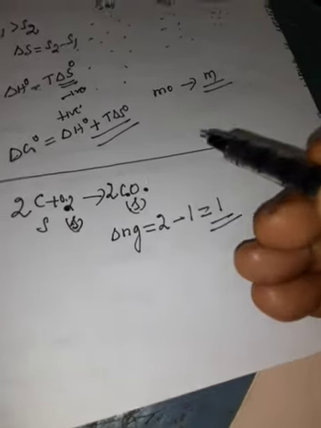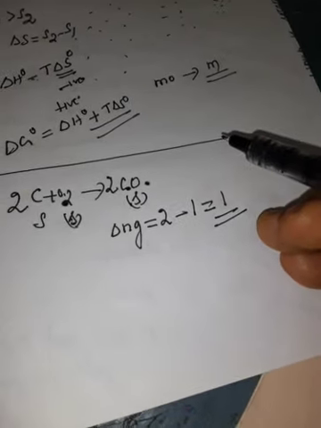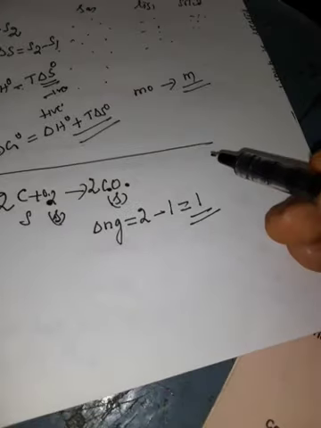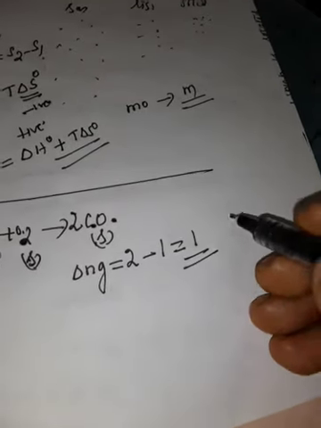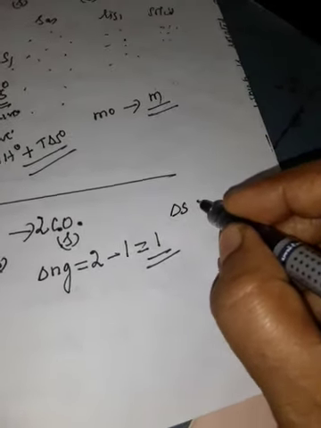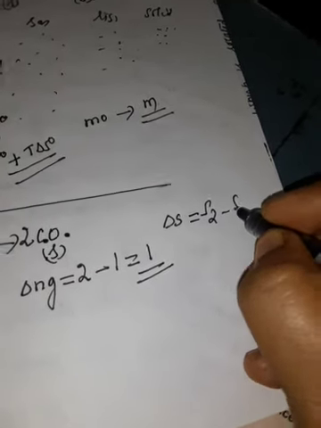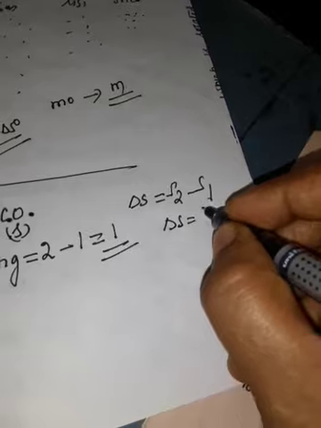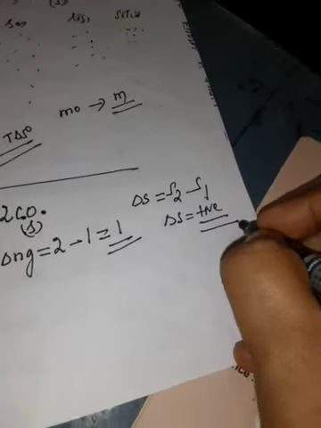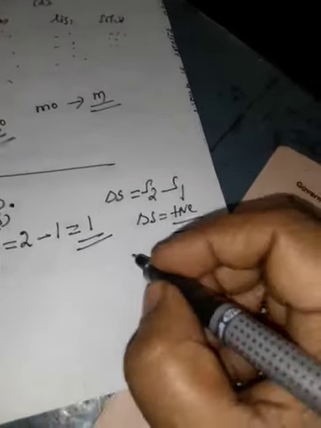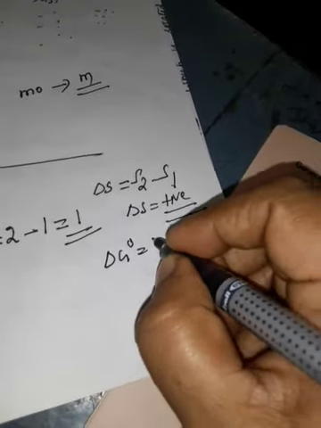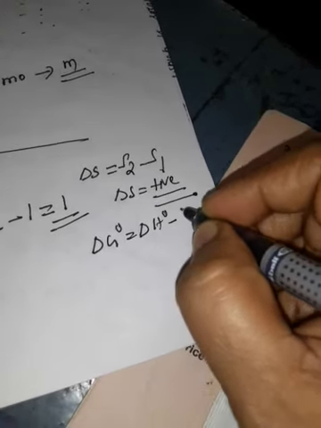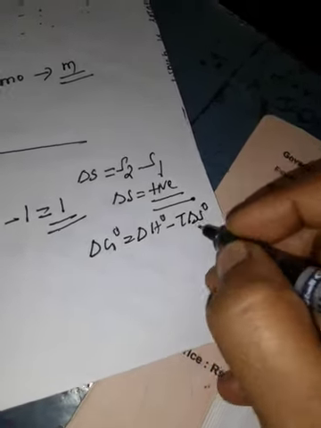So now there is more gas, so it is free to move. What happened? Entropy increased. Calculating delta S, S2 minus S1, final value minus initial value, the total delta S has a positive value. So delta G naught equals delta H naught minus T delta S naught.